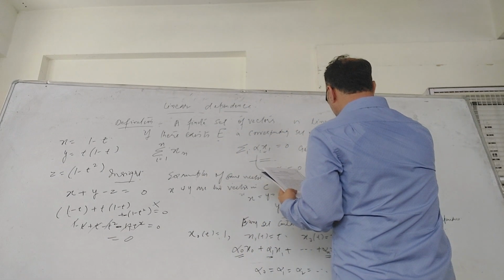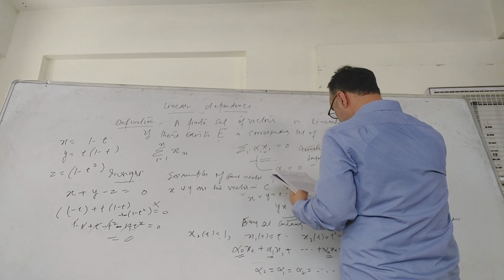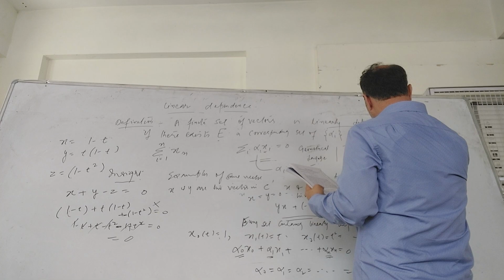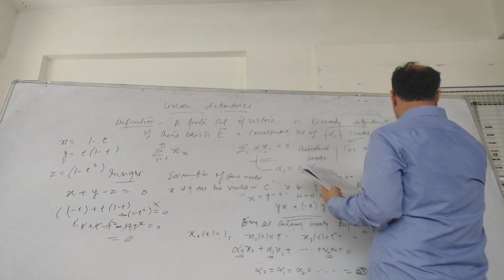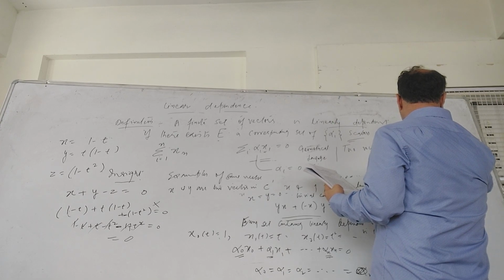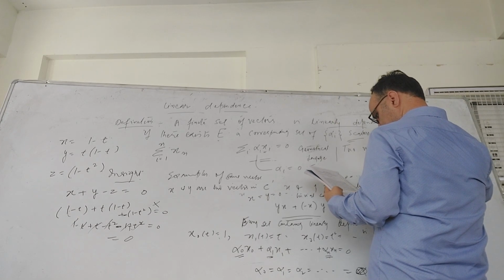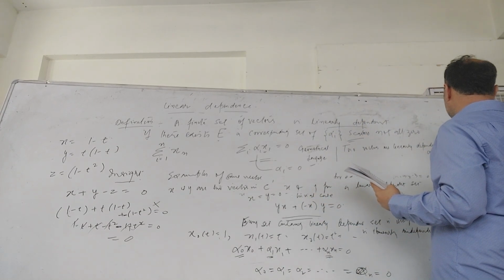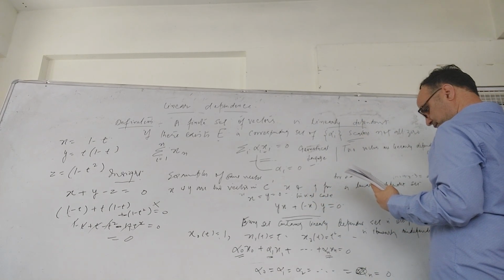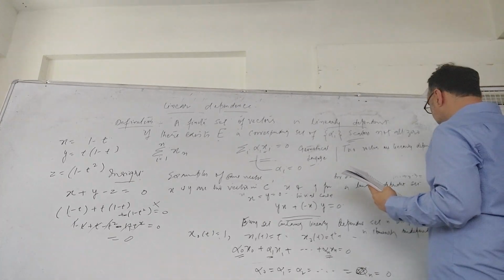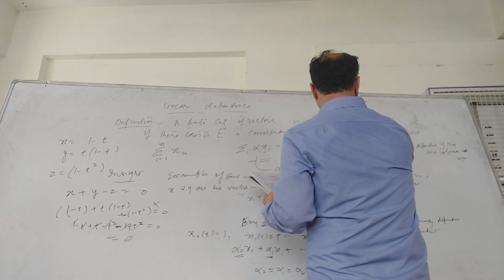Just two vectors are linearly dependent if they are collinear with the origin. This is one statement.